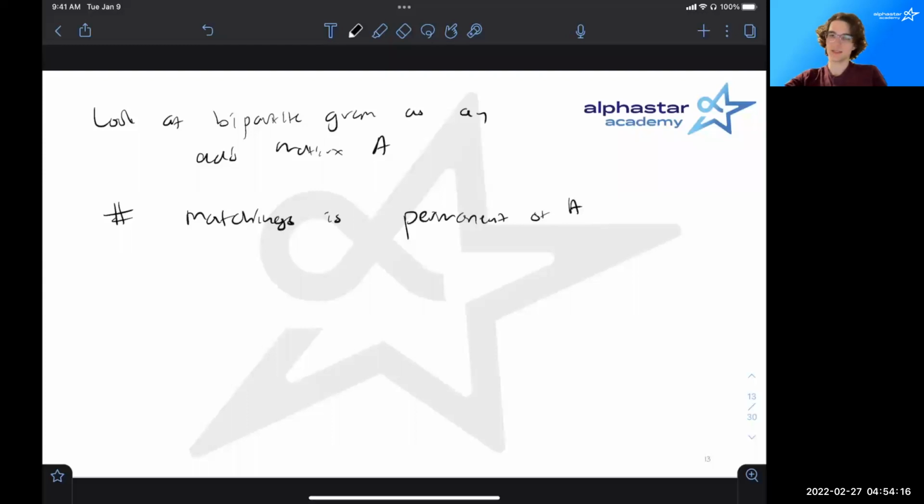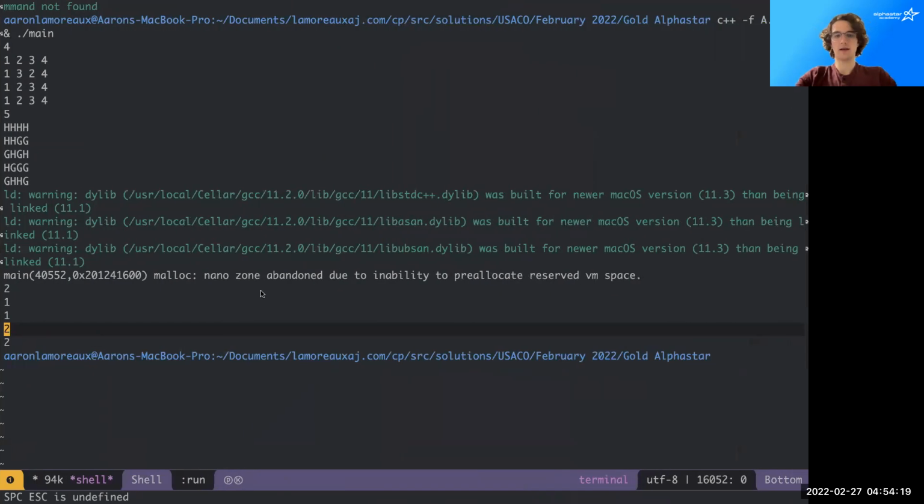We don't have as many states as I thought. It's definitely a little bit better than 2 to the 2n.